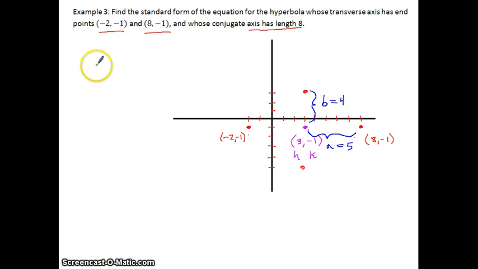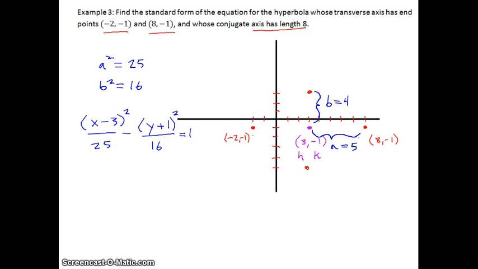This tells me a and b, which means that a squared is 25 and b squared is equal to 16. So I essentially have everything that I need for the equation of the hyperbola. And we have our x squared over a squared. We have our y squared over b squared. And that's all that this particular example is asking.